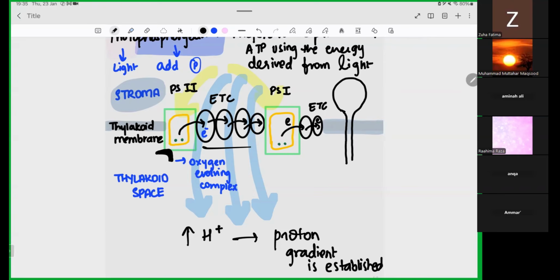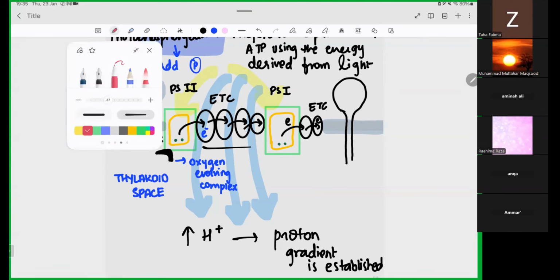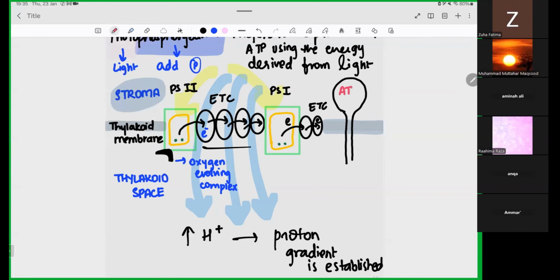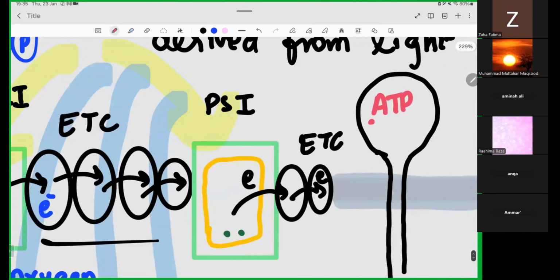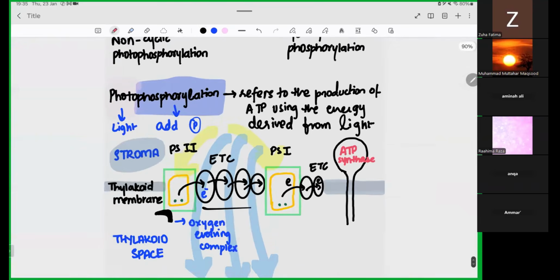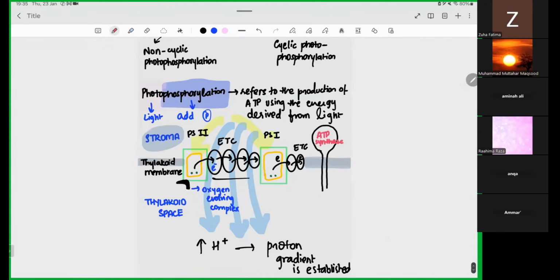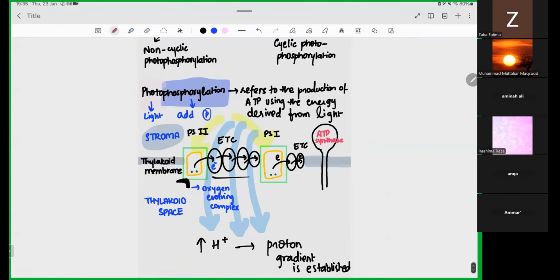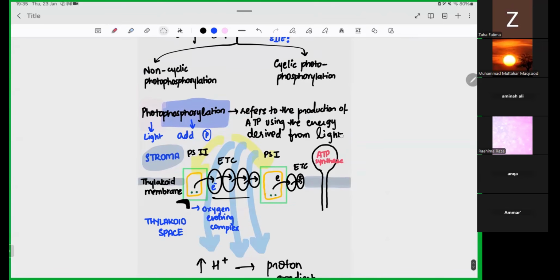Let's say this is your stalked particle. This is your ATP synthase. Now, we have a higher electrochemical gradient in the thylakoid space, and a lower electrochemical gradient in the stroma.